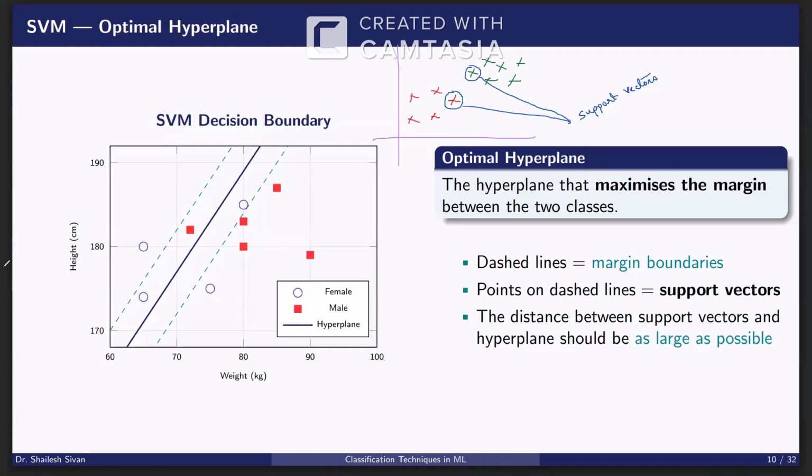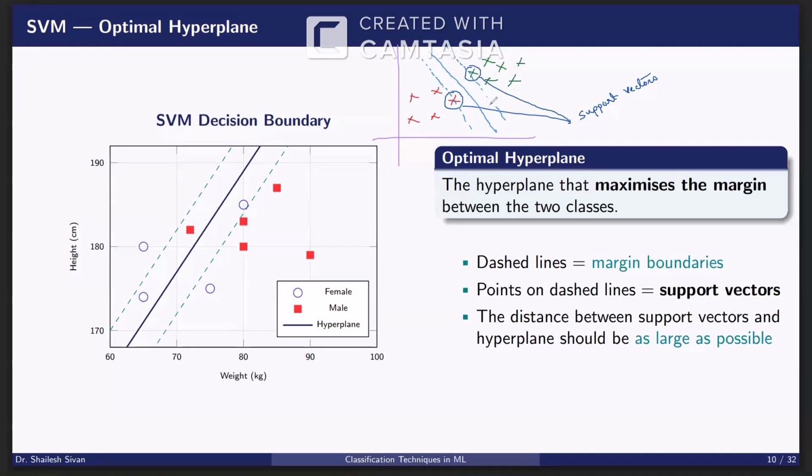Then what we are doing is we consider a hyperplane. Okay. Then parallel to that hyperplane, through support vectors, we will find out two lines, right?